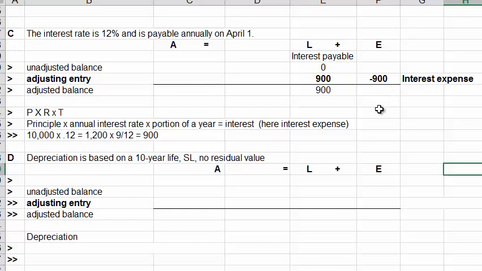In this example, Sample Daycare isn't paying any interest until April. So when April rolls around, April of year 4, Sample Daycare will write out a check to the bank for $1,200. When they write out that check for $1,200, cash will go down by $1,200. Interest payable will go down by $900.